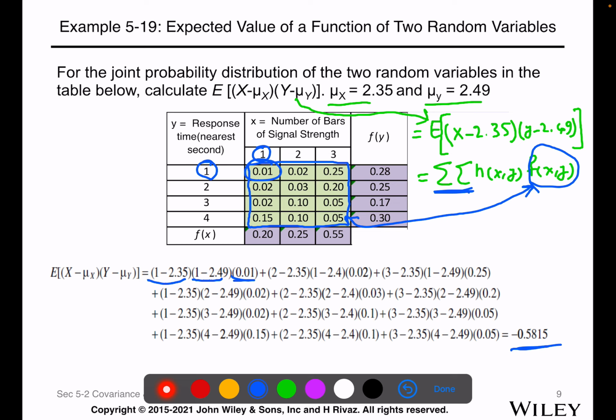So the first thing you can notice is that covariance can be negative, and that's absolutely fine. Variance is always positive, but covariance can be negative.